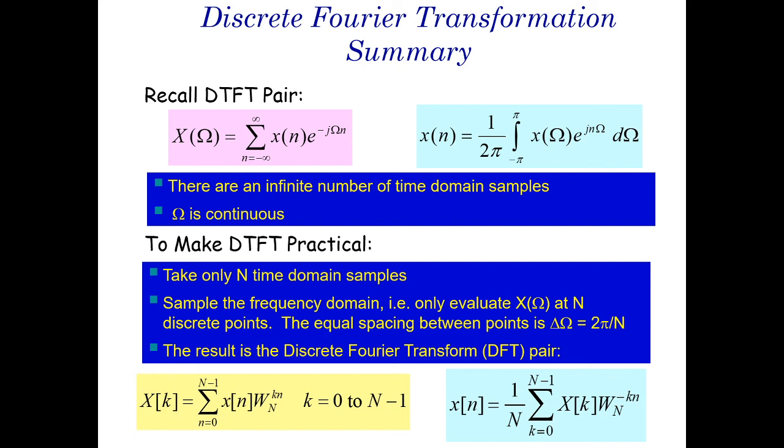We also observed that the W of N factor, referred to as the W factors, plays an important part in calculating the DFT. And we can take advantage of the symmetry and periodicity properties of the W factors in order to speed up our calculations. Our next lecture is going to focus on how we move from the DFT to what we refer to as the fast Fourier transform, or the FFT.